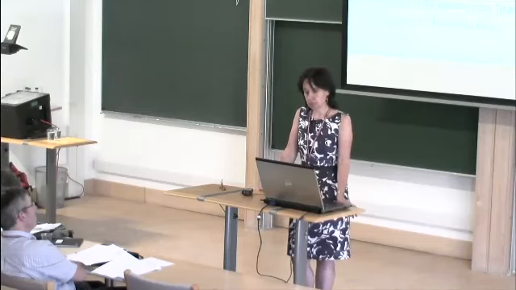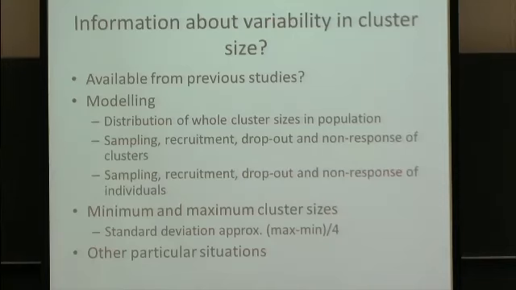You can do a modelling exercise, and in the methodological paper in 2006 we actually did this, trying to work out what you think the distribution might be based on the distribution of whole cluster sizes in the population, based on your sampling, recruitment, dropout and non-response that you think you might have within the trial.